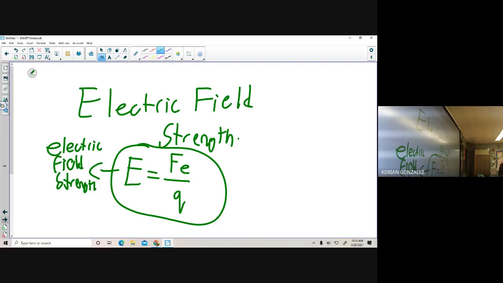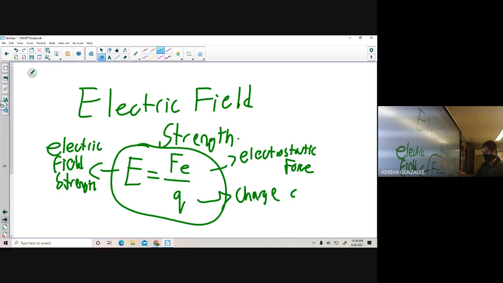Electrostatic force. And q? Charge. Now, specifically, it is the charge of the test particle.